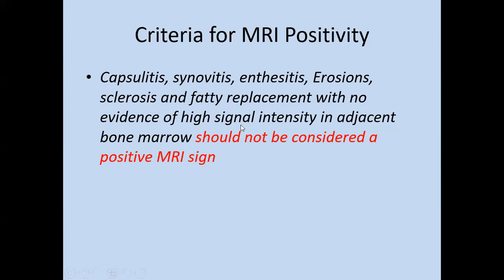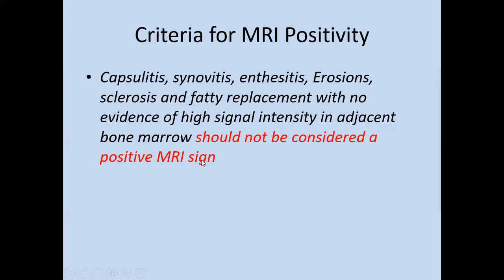So osteitis is the major feature of disease activity. Now we may ask the question, what about capsulitis, synovitis, enthesitis, erosions, sclerosis, and fatty replacement? These are not considered disease activity. They have absolutely no influence. They are not considered part of a positive MRI for disease activity.